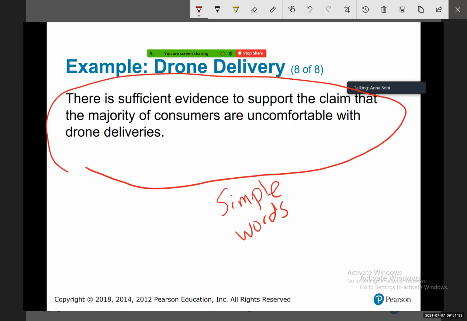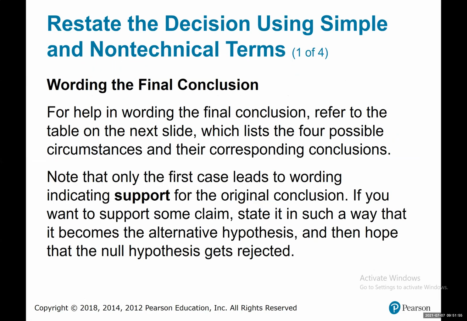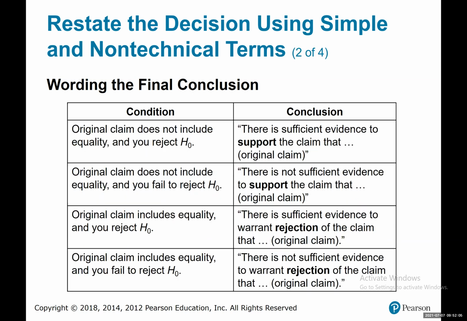So that should be in very simple words. If you see articles that have very technical procedures in the middle, they end with a simple paragraph explaining that either they are supporting their claim or not. So that should be in very simple language. Okay. So never use any technical word in the conclusion.